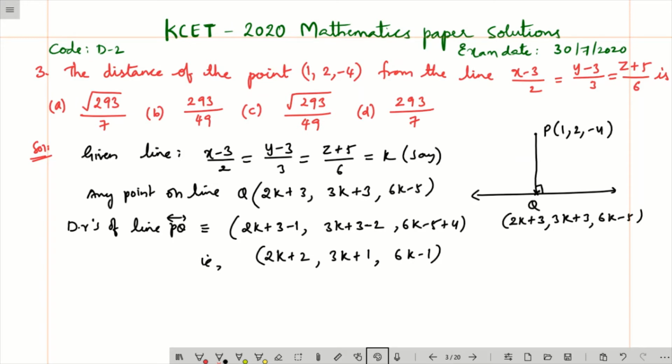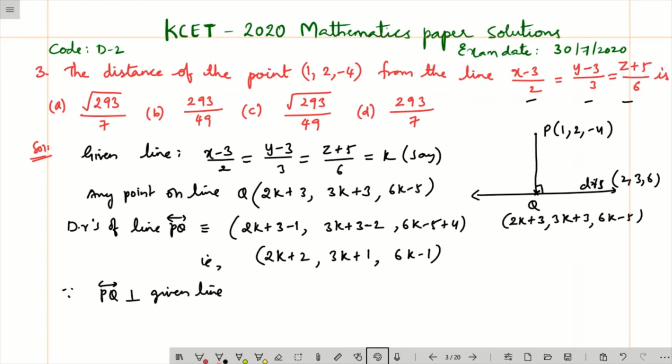And now, since the line PQ is perpendicular to the given line, what are the direction ratios of the given line? The direction ratios of the given line are 2, 3, 6, the denominator part.